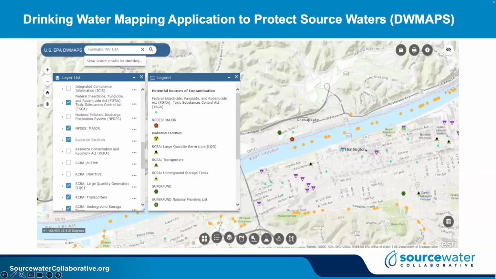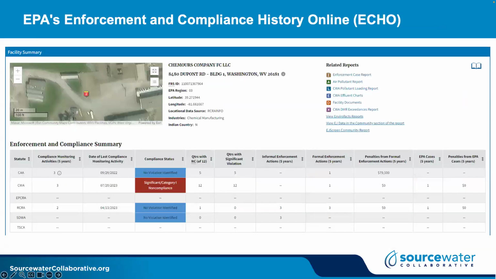And on the next slide is an example of the EPA's enforcement and compliance history website, which lets us search for facilities in the communities inside of our zones of concern, to assess their compliance with environmental regulations and use that information as a piece of the puzzle in either identifying potential sources or deciding whose permits we are interested in commenting on.